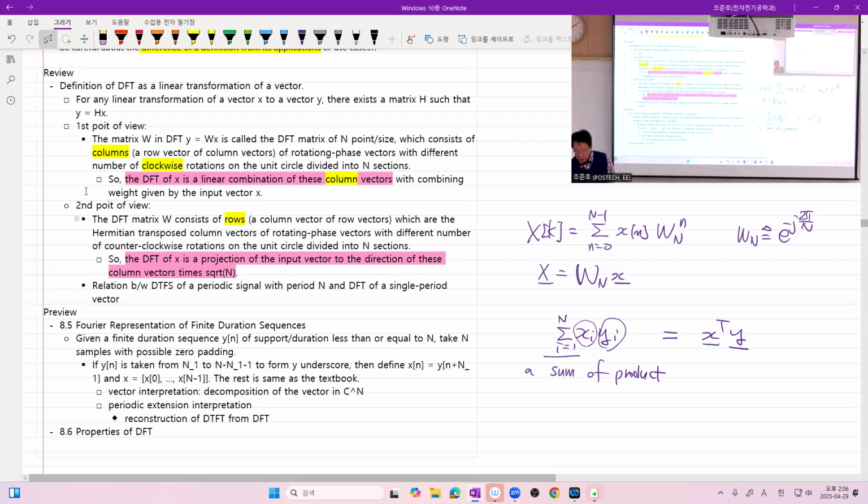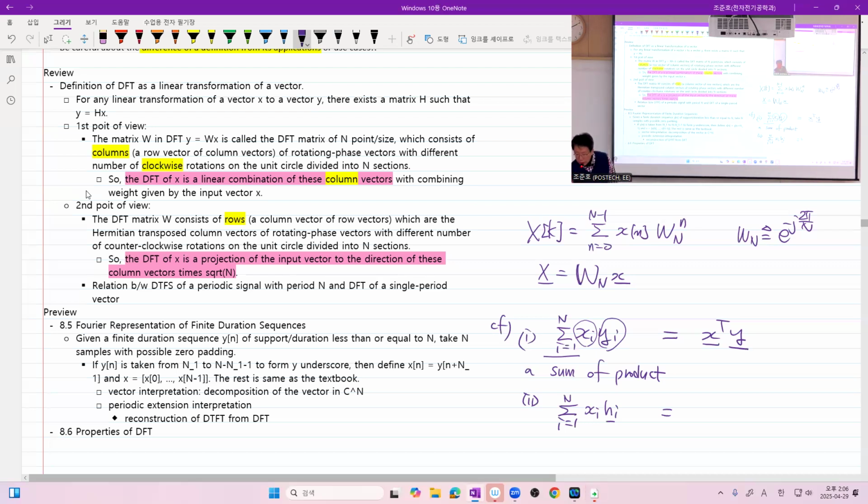Got it? And another thing is like this. Suppose you have a sum of products, where one factor is a scalar and the other is a vector. Then what do you do?